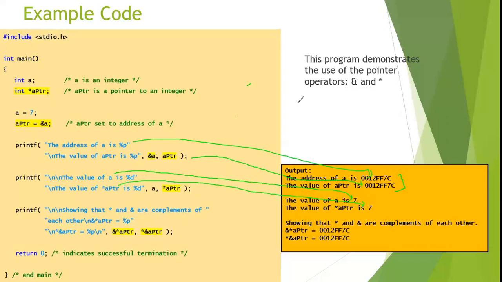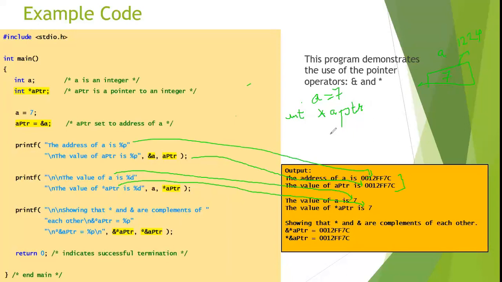One thing I want to clarify here. I've said that A is equal to 7, right? And then I say int pointer APTR. Now let's take locations. This is A, it is 7. Assume that the memory location where A is stored is 1224.